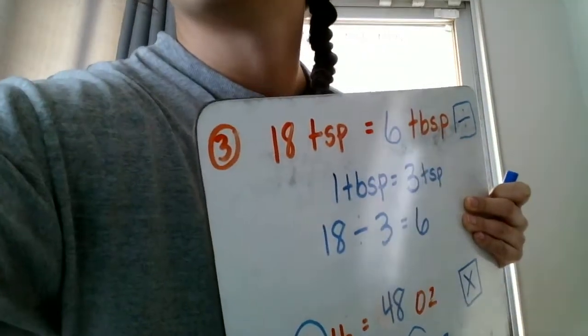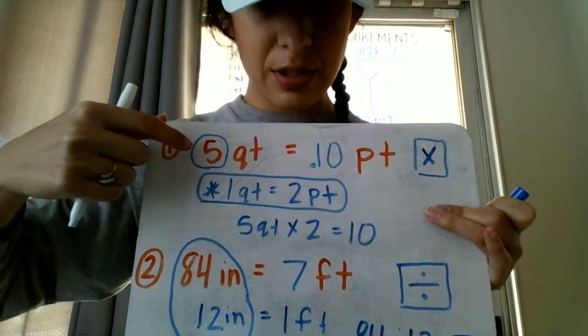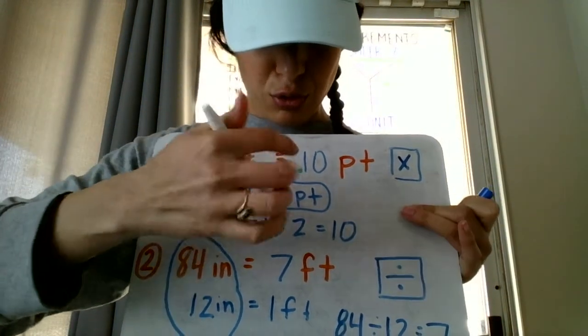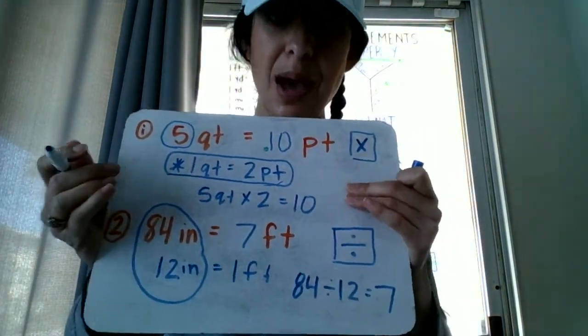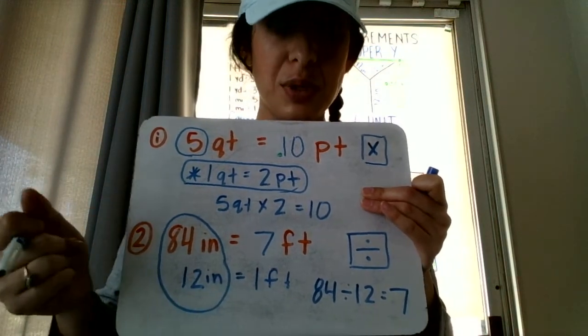Over here on this one, I multiplied those 5 quarts to those 2 pints. But if I'm dividing, I'm going to be dividing by the same unit of measurement.